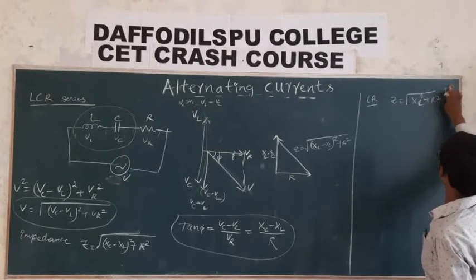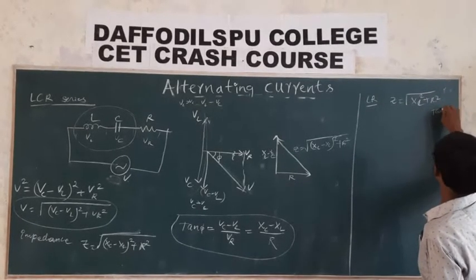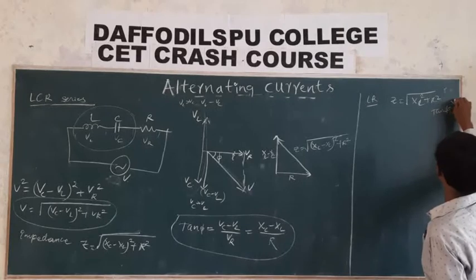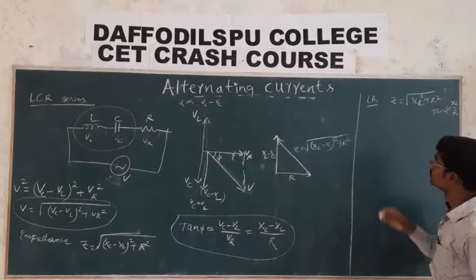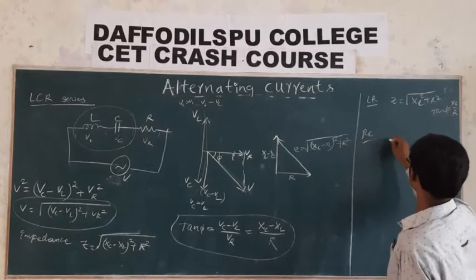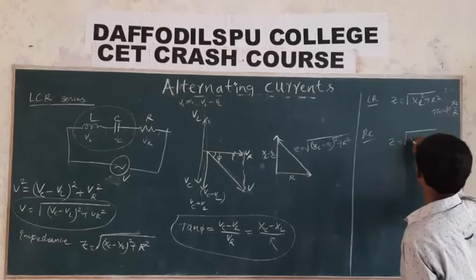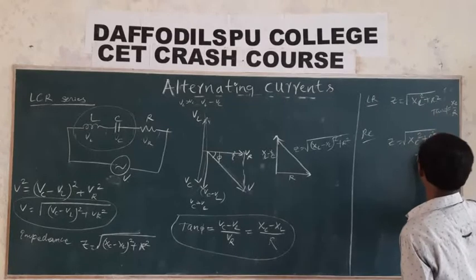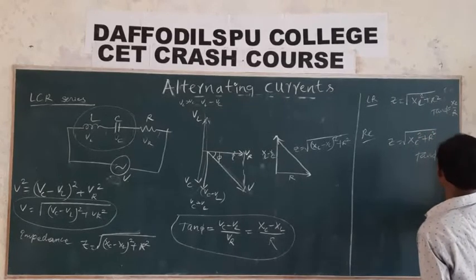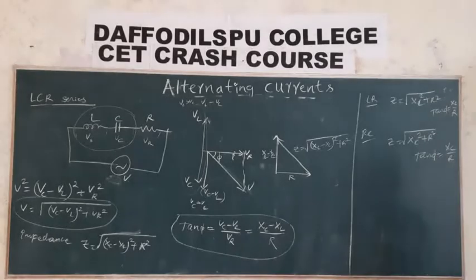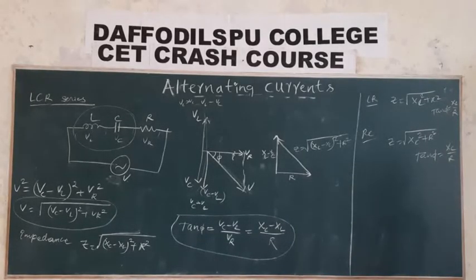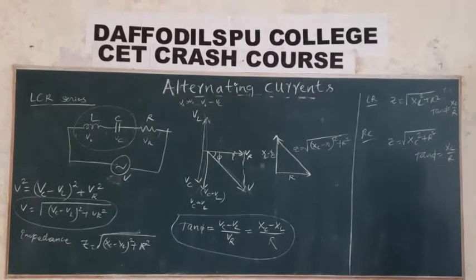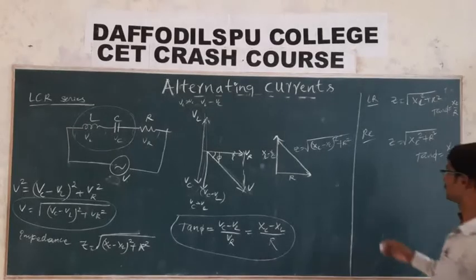Then tan phi, the phase difference, is XL by R. Similarly, for an RC circuit, Z is equal to the square root of XC square plus R square, and the phase difference has tan phi equal to XC by R. For an LC circuit, there is no power loss.